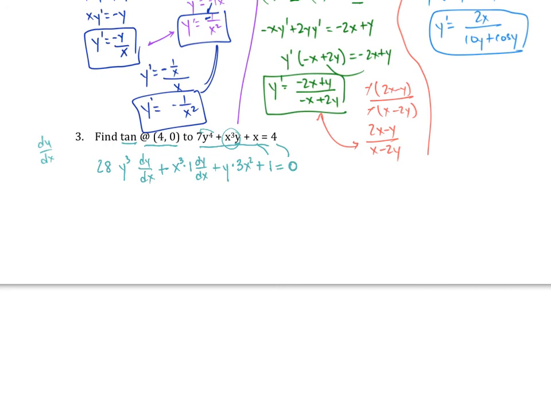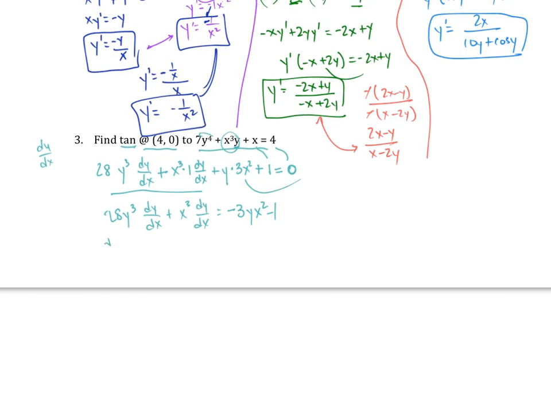So cleaning this up and collecting all the dy dx's on the same side, which is pretty much these two terms, I'll get 28y cubed dy dx plus x cubed dy dx equals, bring these over, negative 3yx squared minus 1.